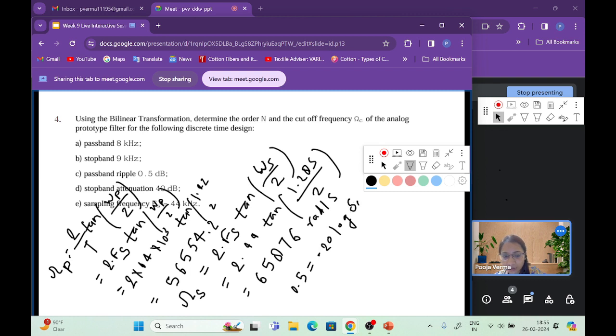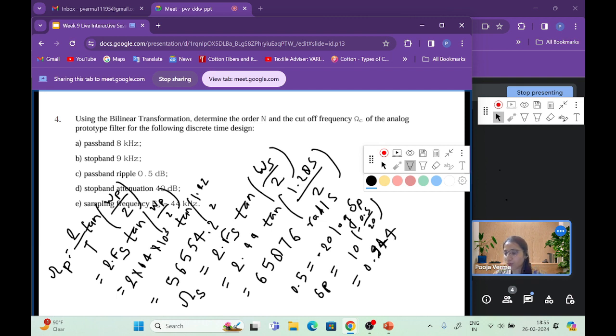So del P you will get is 10 to the power minus 0.5 divided by 20, right? If you solve this you will get 0.944. You can solve it in your calculator. I already solved this. So the passband ripple you will get is 0.944.